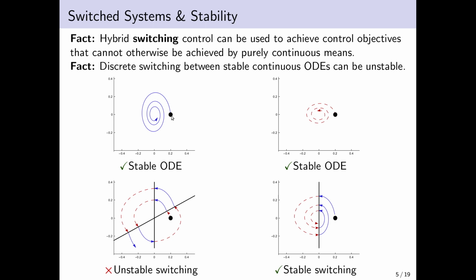So you can see if the system starts near the origin here, they eventually spiral towards the origin and they stay close. However, given a poorly designed switching mechanism, as in the bottom left picture here, you can see the system, even though it starts close to the origin, spirals further and further from the origin as it switches between the red and blue differential equations.